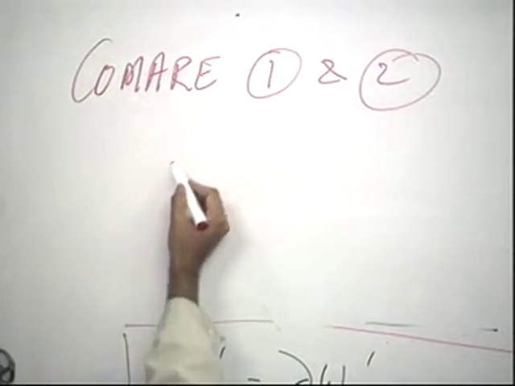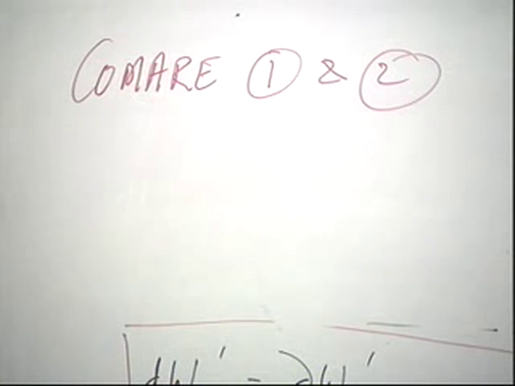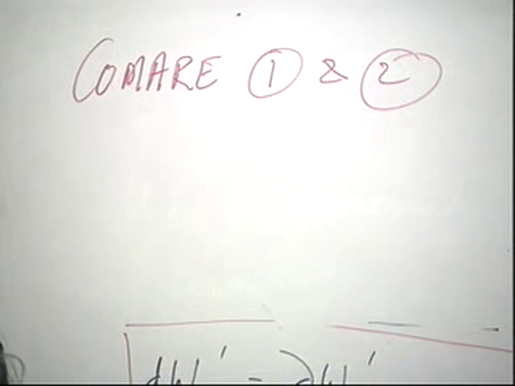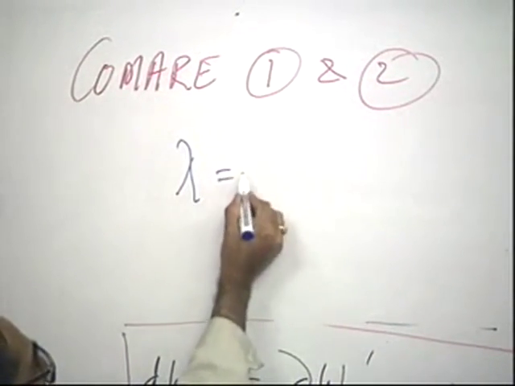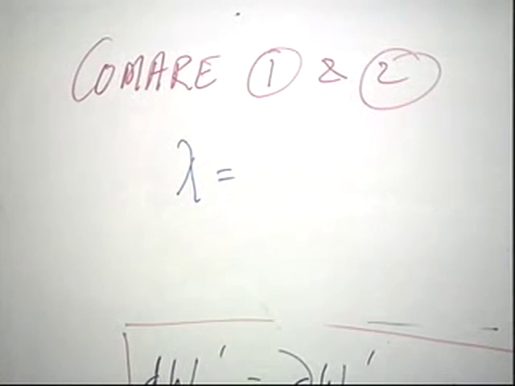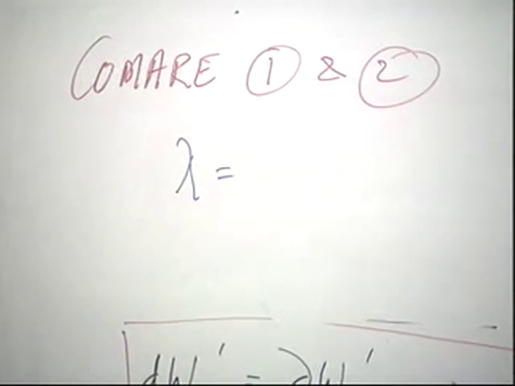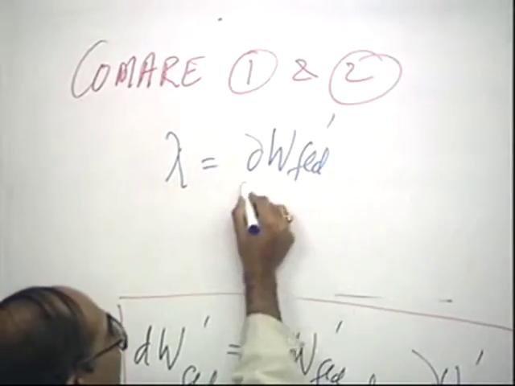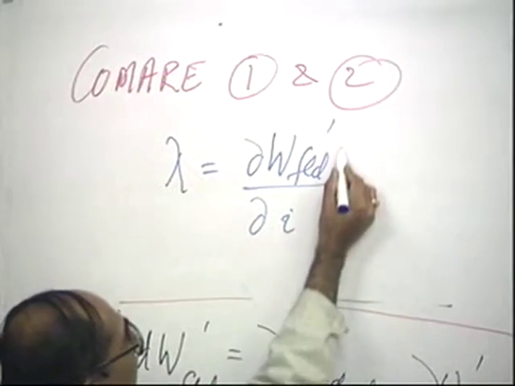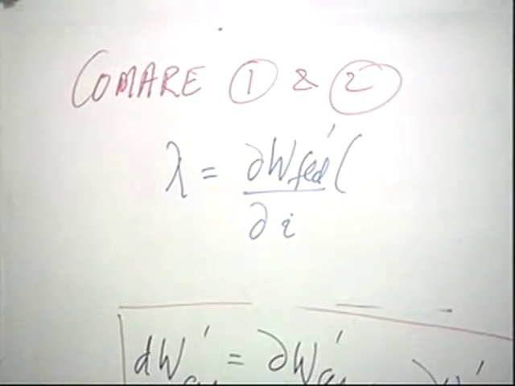Lambda is delta W field dash by delta I, where W field dash is expressed in terms of I and x.